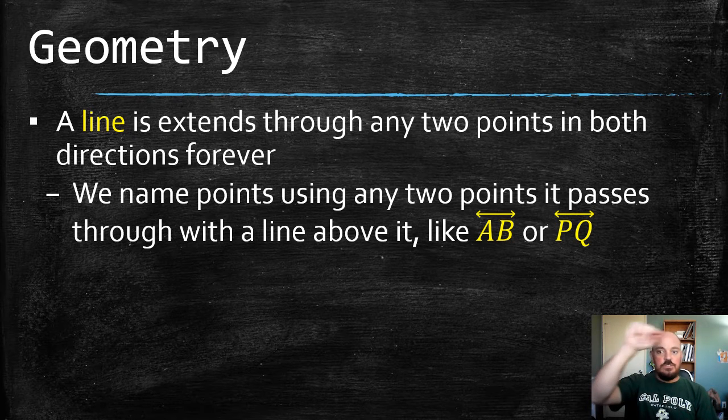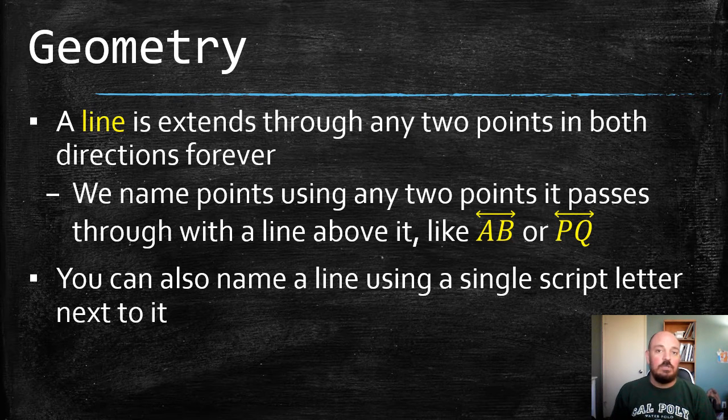And then above those two letters, you draw a little line with arrows on each side. What I highlighted in yellow there is line AB. That would be a line that goes through the points A and B. The second example I made up was line PQ. That would be a line that goes through points P and Q.